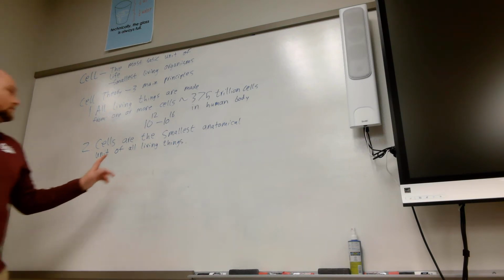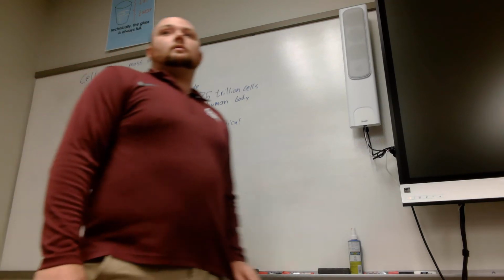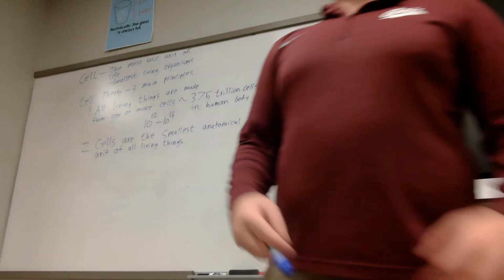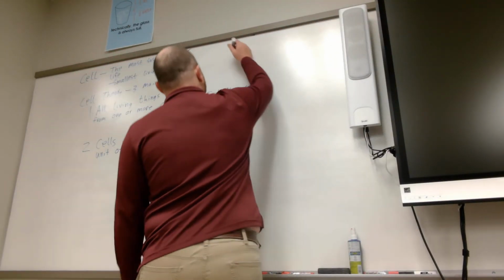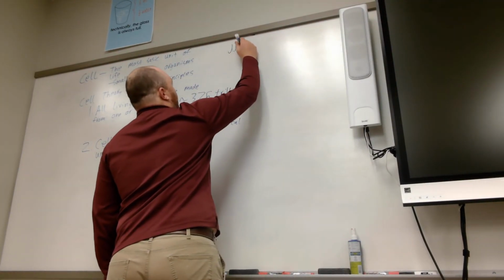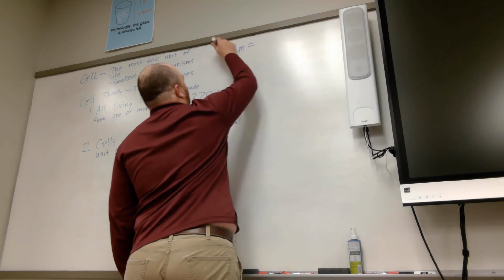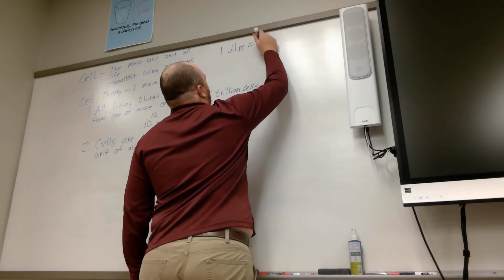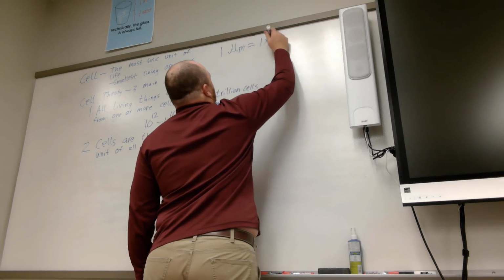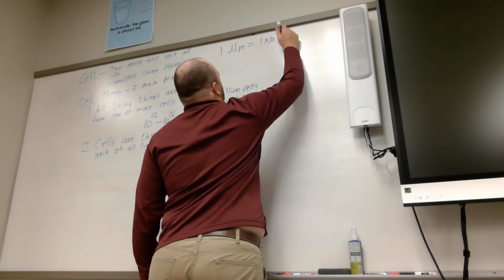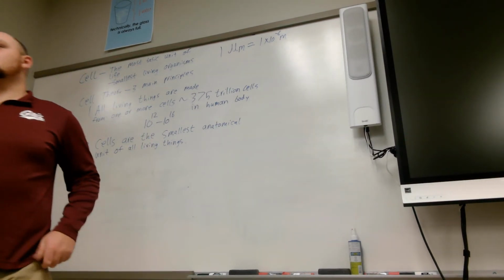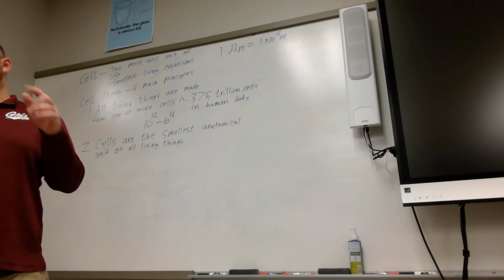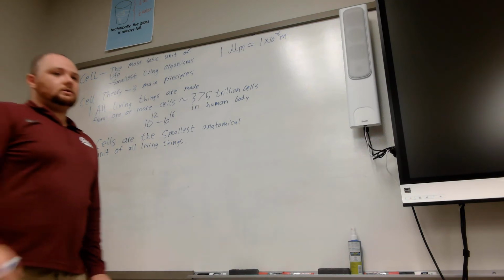Is a cell way bigger than an atom? So a micrometer is 1 times 10 to the -6th meters. Okay, so pretty small. A millimeter is 10 to the -3, so imagine something even about 3 times smaller than that.